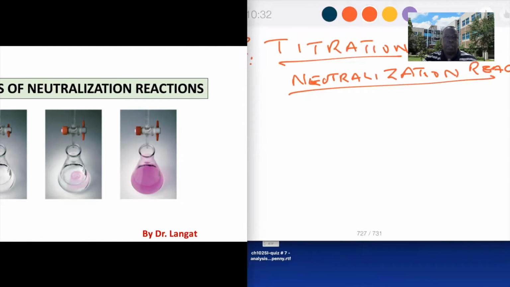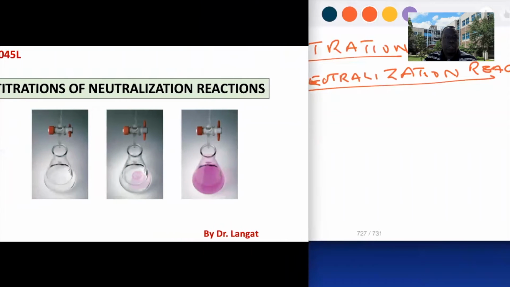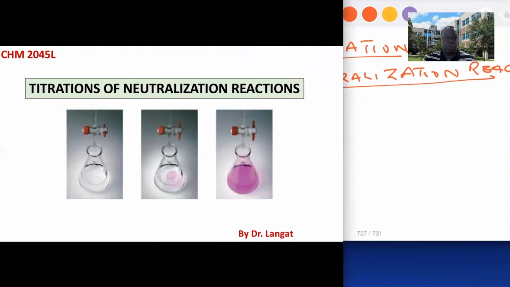On my left, this is an illustration of what the titration is all about. Titration is conducted by using a device called a burette. This is a common glassware used in a typical chemistry lab, and this is called the stopcock. I hope you have seen it before in Intro to Chemistry.